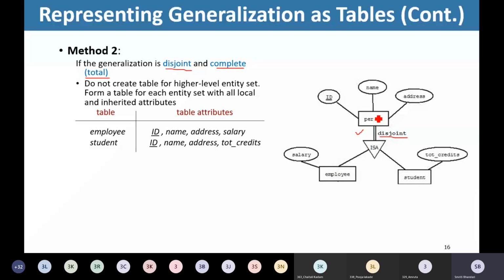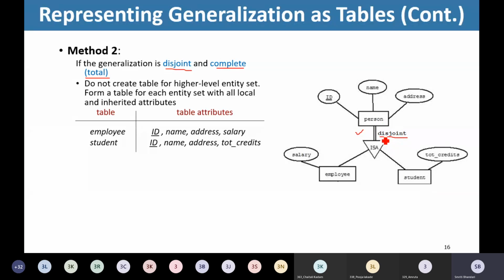So person would be either employee or student. It is not possible that they overlap, that the same person is an employee also and a student also. Either a person is an employee or a student.